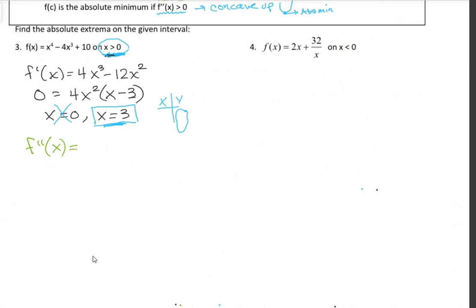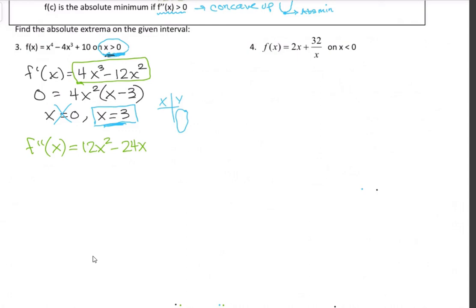Now, when I do my second derivative, I'm going to work off of this first derivative because I don't want to use the product rule. So my second derivative would be 12x squared minus 24x. And now I don't need to set this equal to 0. I'm not looking for second order critical values.